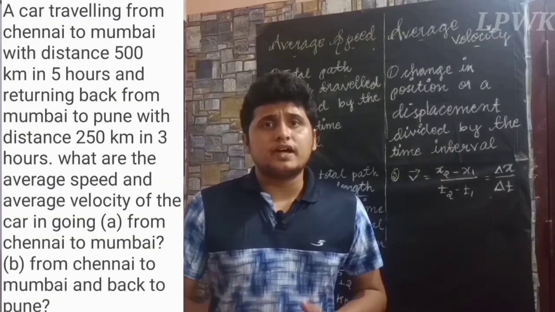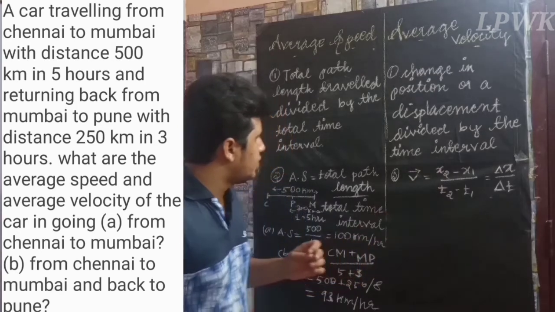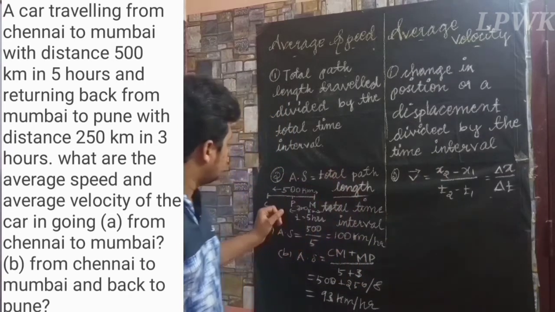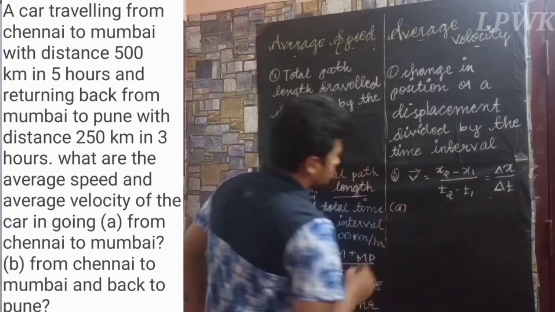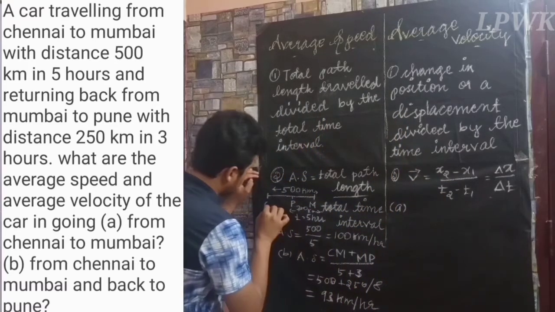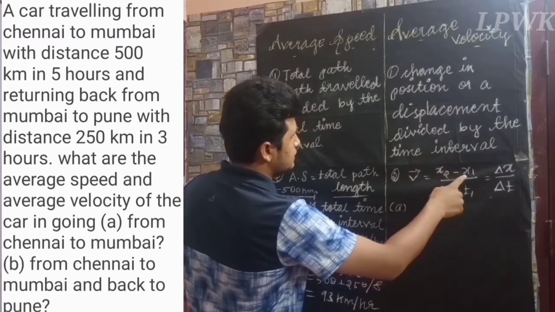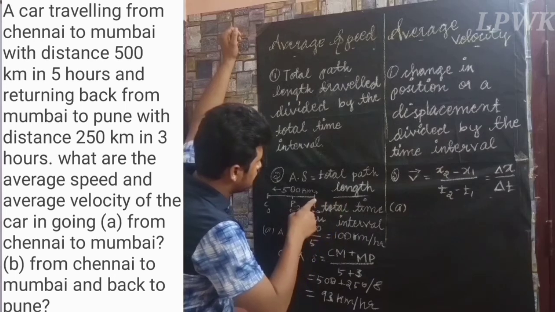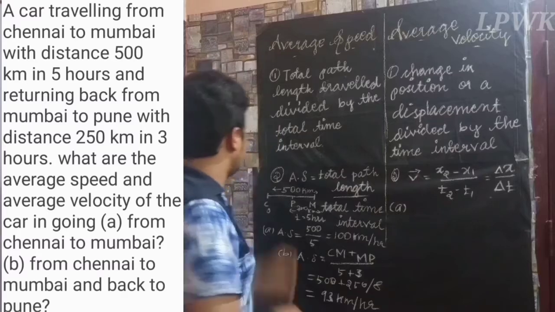Okay guys, we can solve the same problem for average velocity. We need to find the average velocity between Chennai and Mumbai. Applying this formula, final displacement minus initial displacement. The final displacement will be Mumbai and the initial displacement will be Chennai.